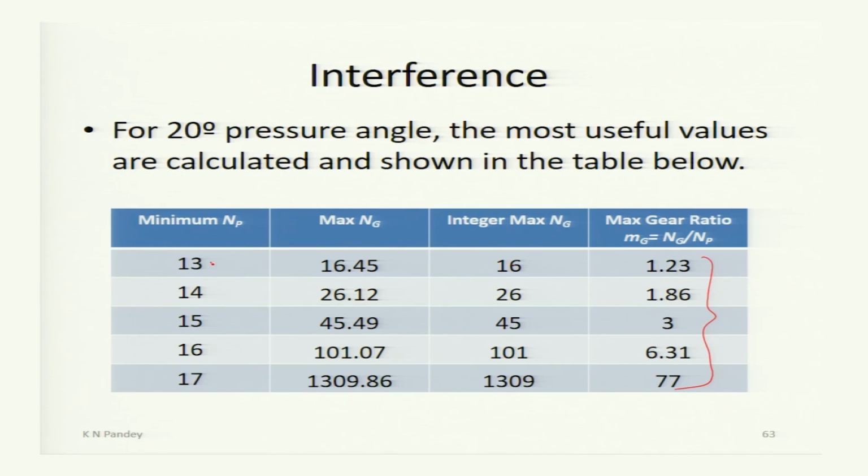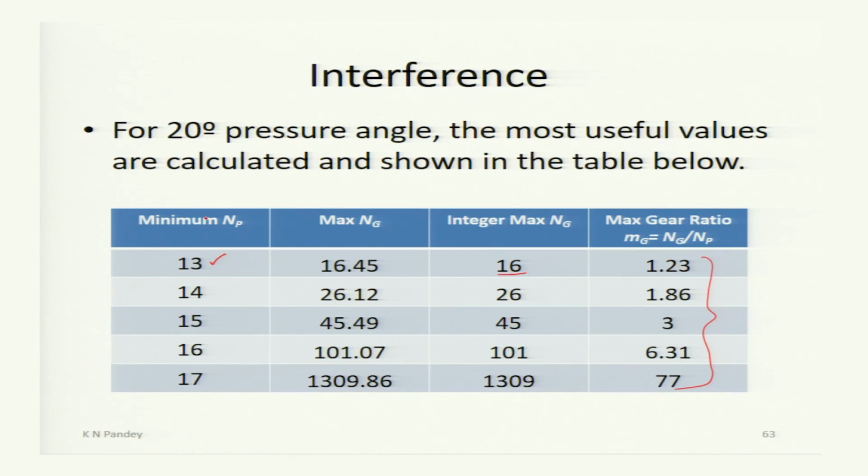So 13 should be the minimum number of teeth for 20 degree pressure angle on the pinion, and on the gear it should be 16, and so the maximum gear ratio that can be achieved is 1.23.